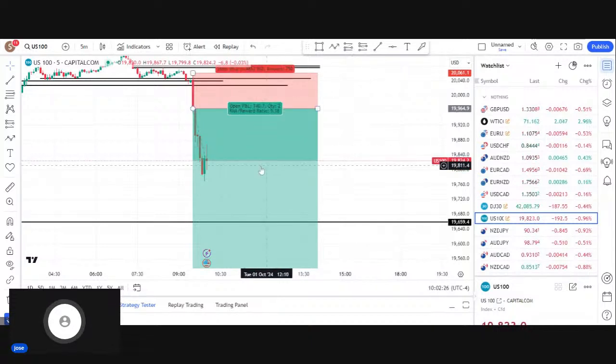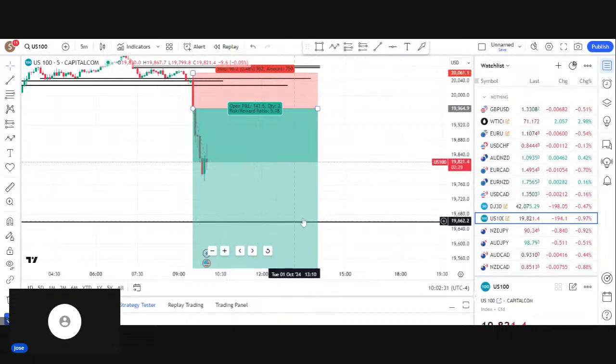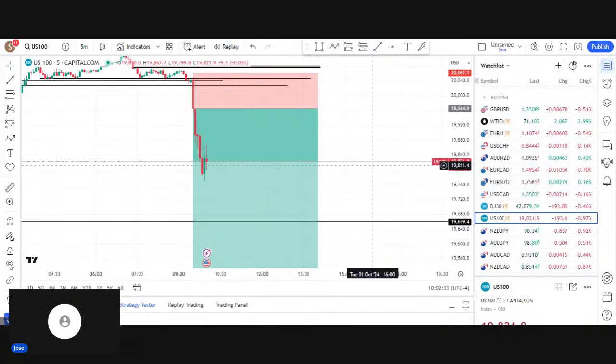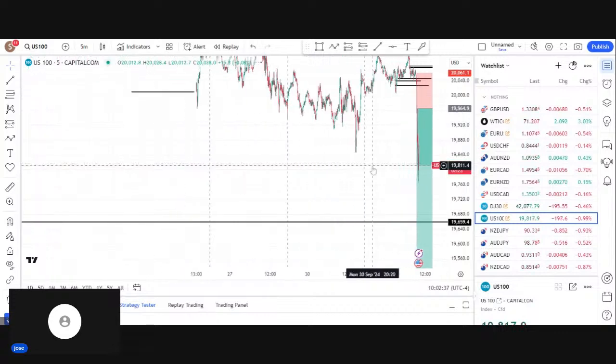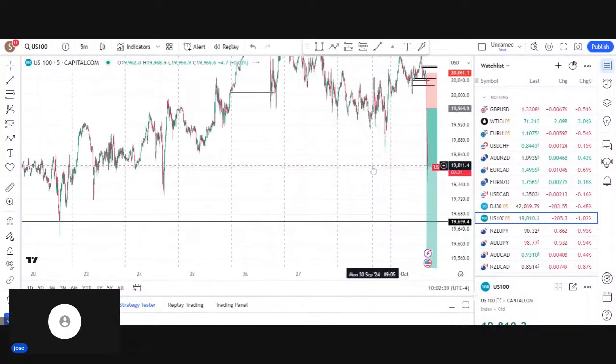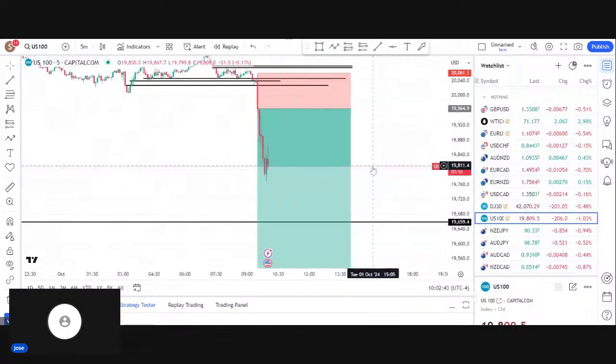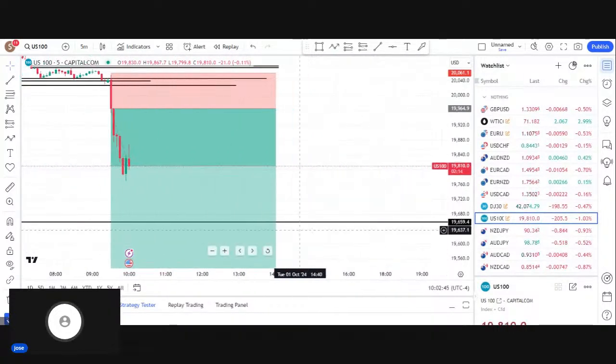So probably we might see price continue back to this, maybe to this line. Let's see what's on that line. Yes, probably you'll see price continuing going down. That is a huge probability.